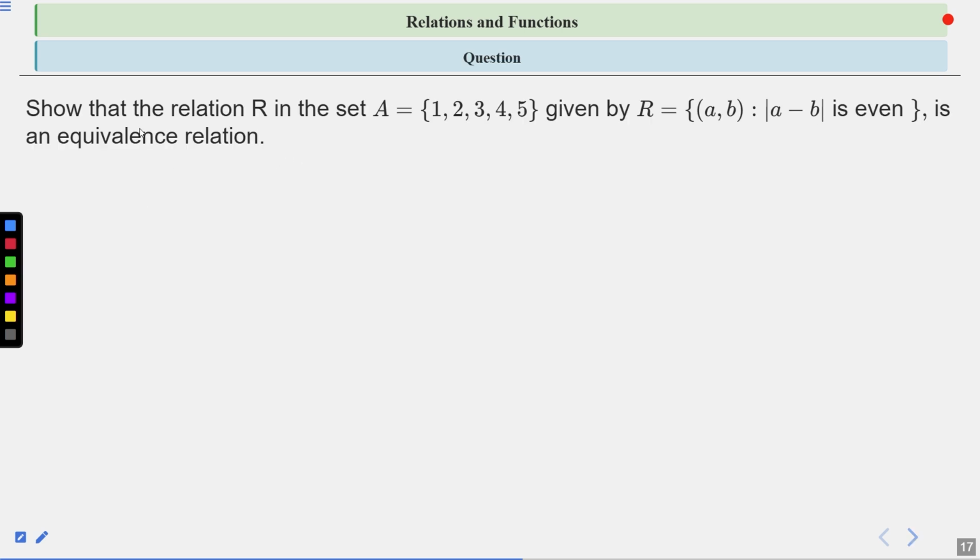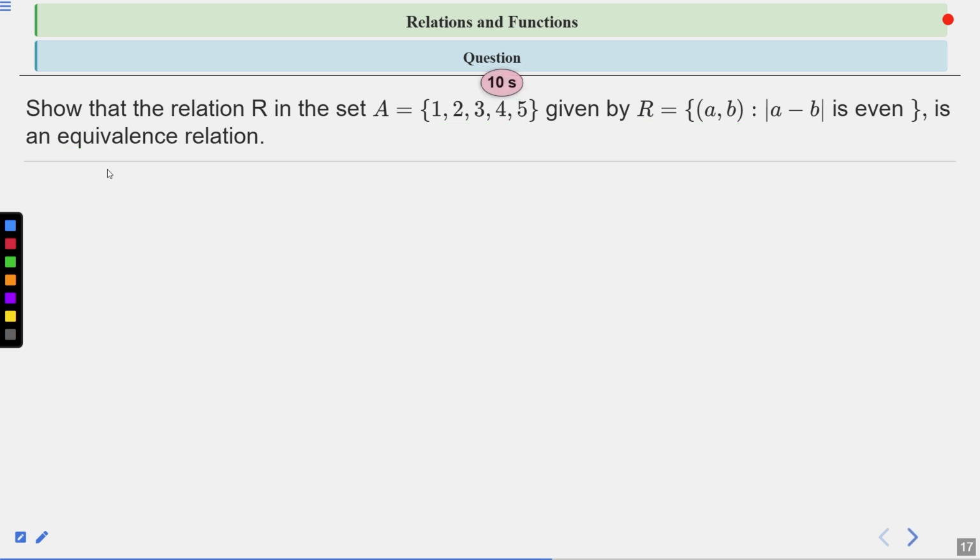Now this question: show that the relation R in the set A, given in roster form as 1, 2, 3, 4, 5. Given relation R, the collection of all pairs A comma B such that the absolute value of the difference A minus B is even. And we have to show the given relation R is an equivalence relation.